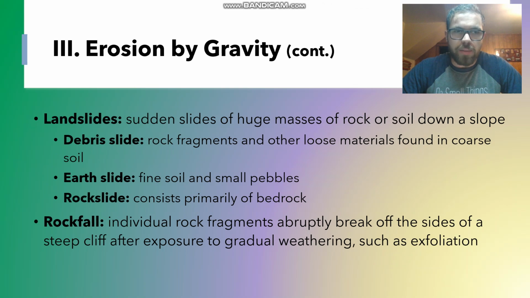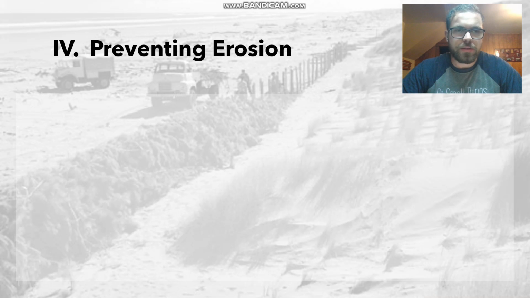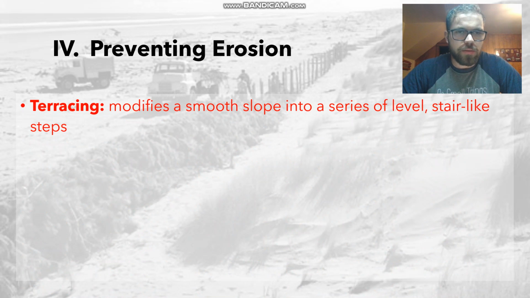All right, so that wraps up talking about erosion by gravity. Let's talk a little bit about preventing erosion. What are some ways we can prevent erosion? First of all, terracing. It's modifying a smooth slope into a series of level stair-like steps. I think this is talked about a little bit in the Bible.